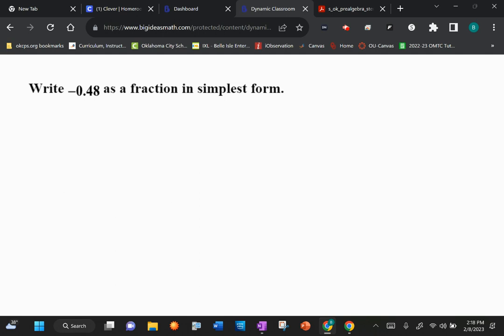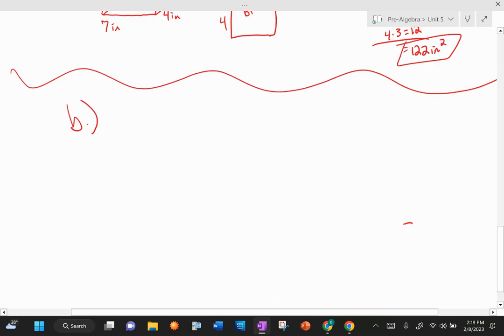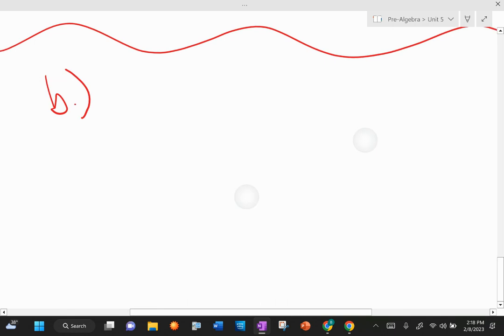Anyway, all right. So we are going to write negative 0.48. So you should have already written what you're about to do. Okay. So this is how you're going to write this in its simplest form.